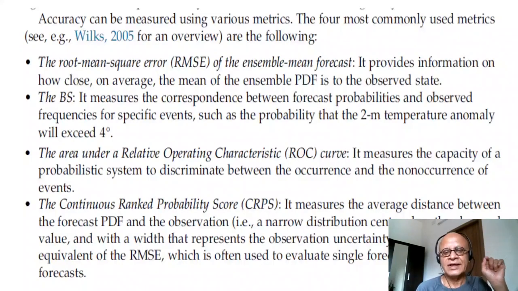Okay, so when we do forecast data simulations and so on, when we are merging data with models to initialize, we have to always carry these observational error covariances, observational uncertainties, mapping observations onto the model space, and so on and so forth, including model error covariances, model uncertainties, etc. So this CRPS score is the equivalent of the RMSE, which is often used to evaluate single forecasts, for probabilistic forecasts.